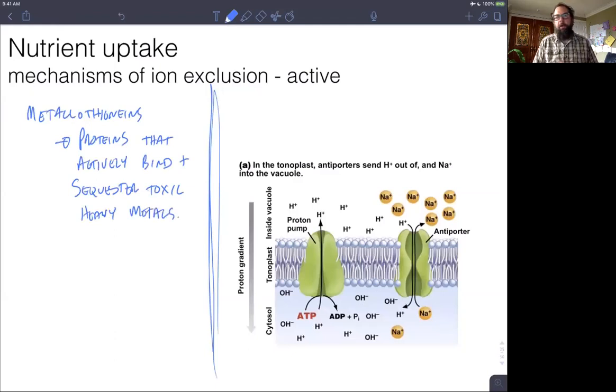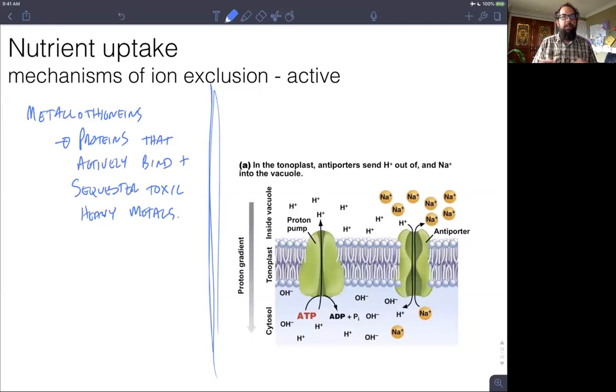So these are special proteins that are made by the cell, and this costs energy to make these special proteins, and their sole purpose is to go in, bind onto these free ions that maybe got into the cell, like extra sodium ions or copper ions or other toxic heavy metals, and sequester them. And so it binds them and inactivates them. It makes them not available to the rest of the cell. And so in that way, they are not going to be toxic to the plant.